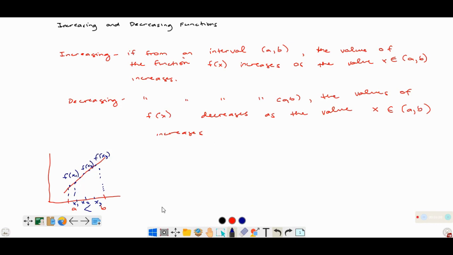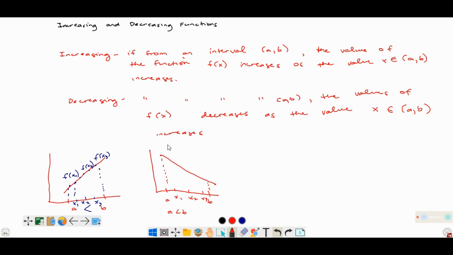Now, let's look at another graph. Say, for example, you are presented with a line that looks like this. So, what do you observe on our linear function? So, on this specific example, inside the interval AB, again, A is less than B, we have there infinitely many points inside.